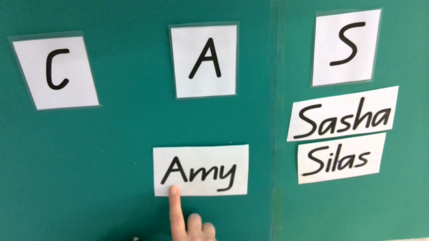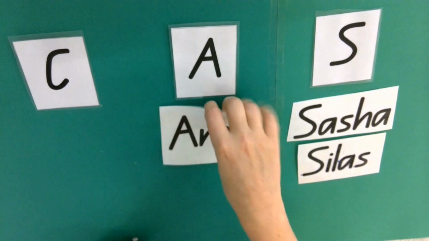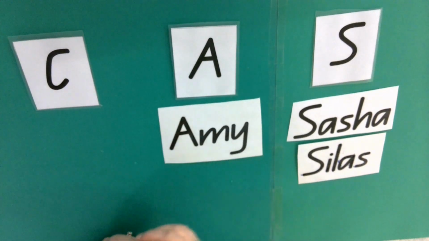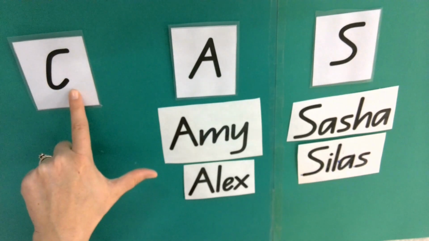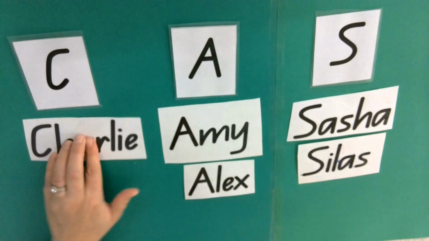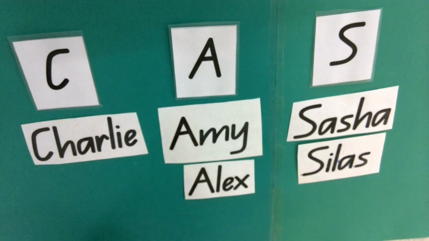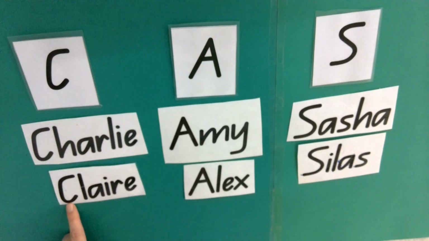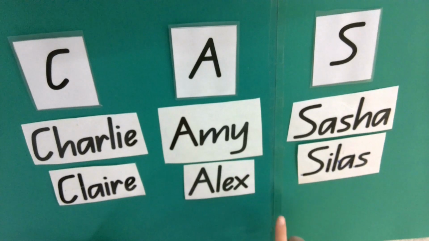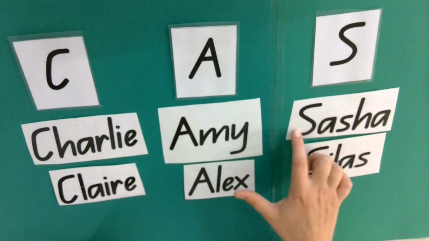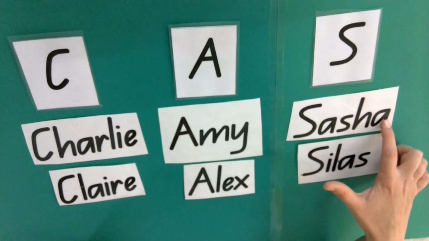The uppercase letter at the start of Amy's name is, of course, A. And another A is Alex, which means our last two names with an uppercase C is Charlie, you see the C there, and Claire, uppercase C. You'll notice that the rest of the letters in all of the names are lowercase. So at the start of everyone's name is an uppercase letter followed by lowercase letters.